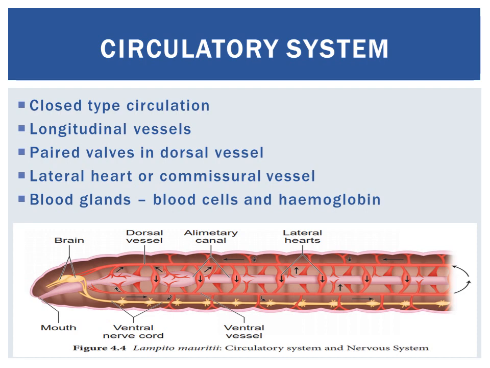Okay, the first point: there is a closed type circulation in the earthworm, because there is a heart, blood vessels and capillaries in this circulatory system. Hope we learned about closed as well as open type circulatory systems in previous classes, right? The second point: it consists of longitudinal vessels. If you look at this picture, we can understand.